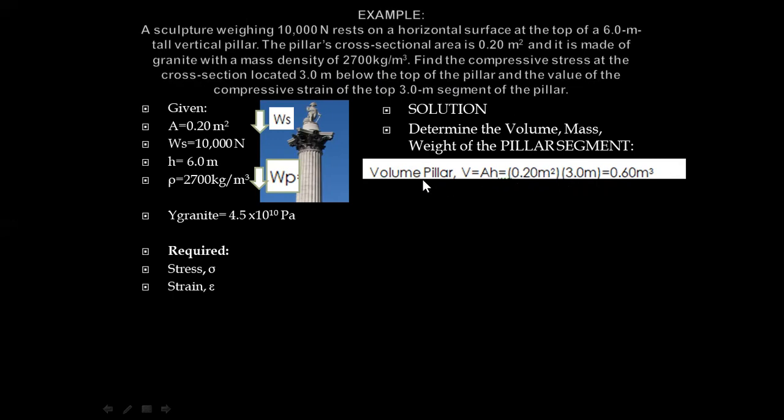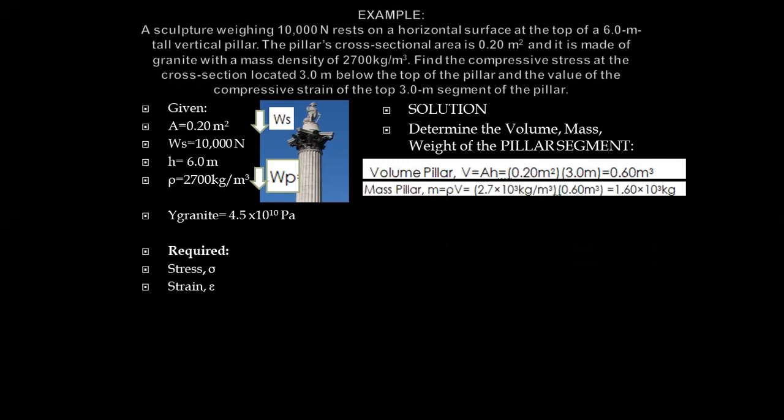V is equal to A times H. We are given the cross-sectional area of the pillar at 0.20 meters squared. Multiply it with the height of analysis at 3 meters. This gives us a value of 0.6 cubic meters.